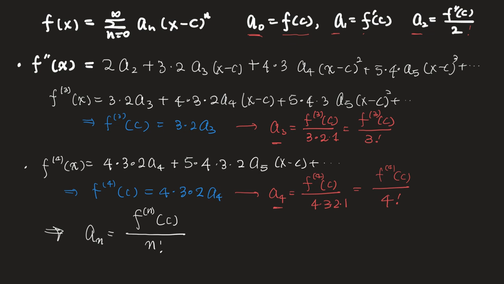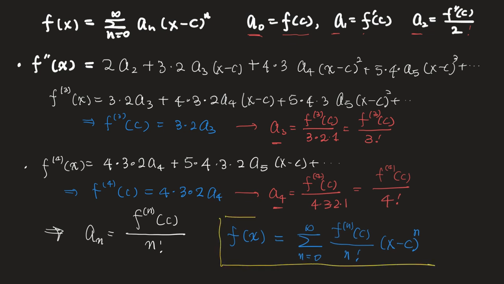So given the function f of x, you write the power series: an is the nth derivative of f at c over n factorial, times (x minus c) to the n, n equals 0 to infinity. This is what we call the Taylor series.